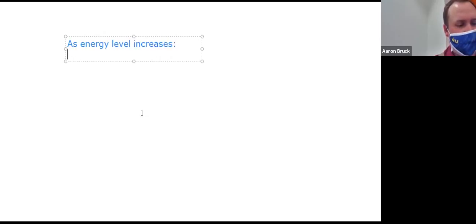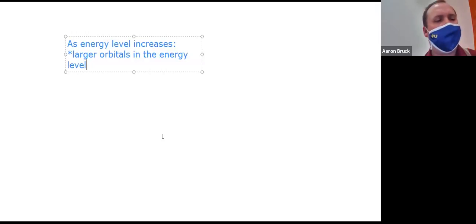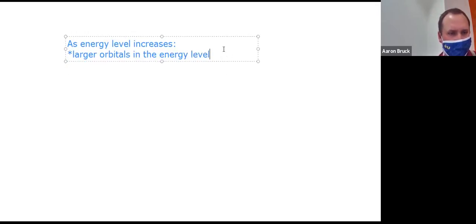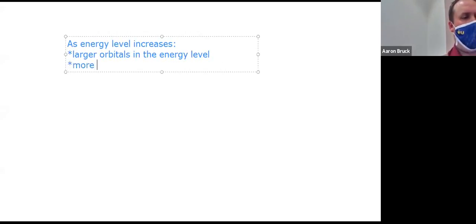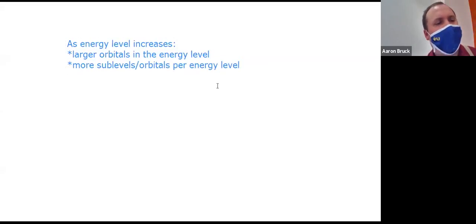As the energy level increases, first of all, we are going to see larger orbitals overall. We're also going to see more possible sublevels and orbitals available as well.